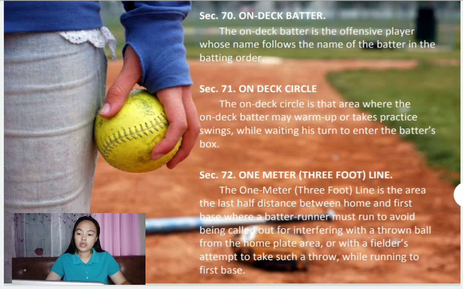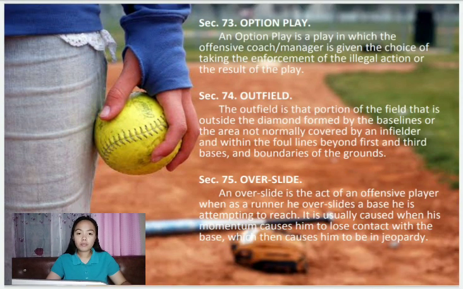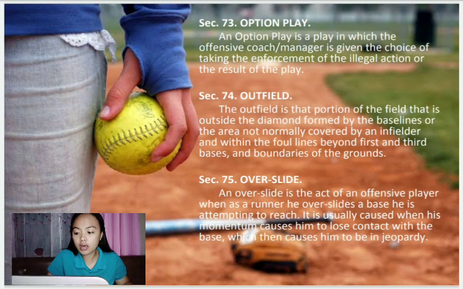Next is section 73, the option play. Ang option play is a play in which the offensive coach or manager is given the choice of taking enforcement of the illegal action or the result of the play.